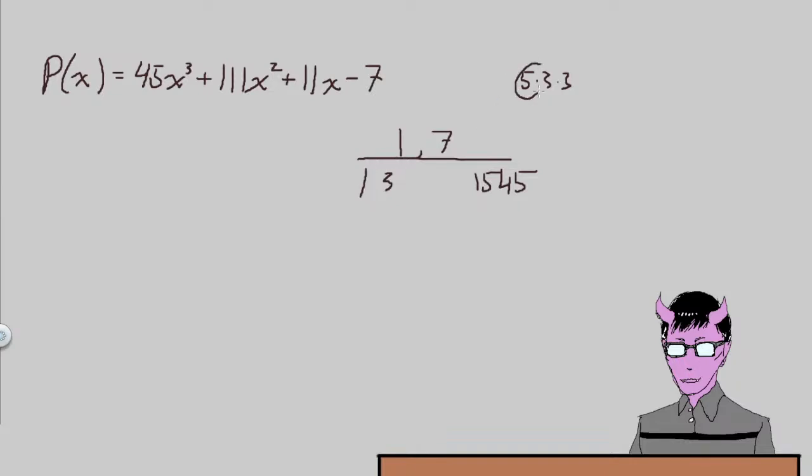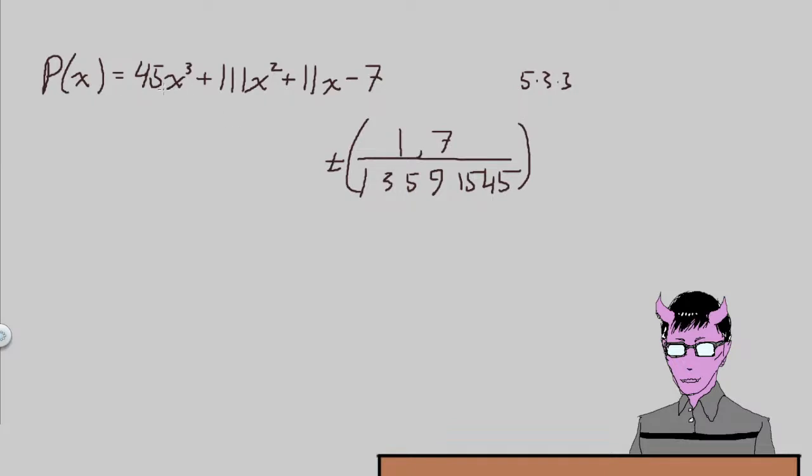Next number up from 3 is a 5. 5 times what? 5 times 9. And I think that's all we need. 15, we already have 15. 9, we have 9. Yes. So those are all our candidates. Plus or minus.